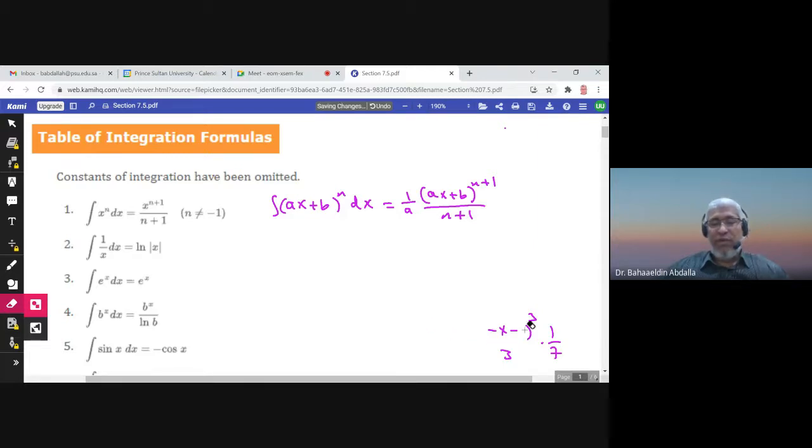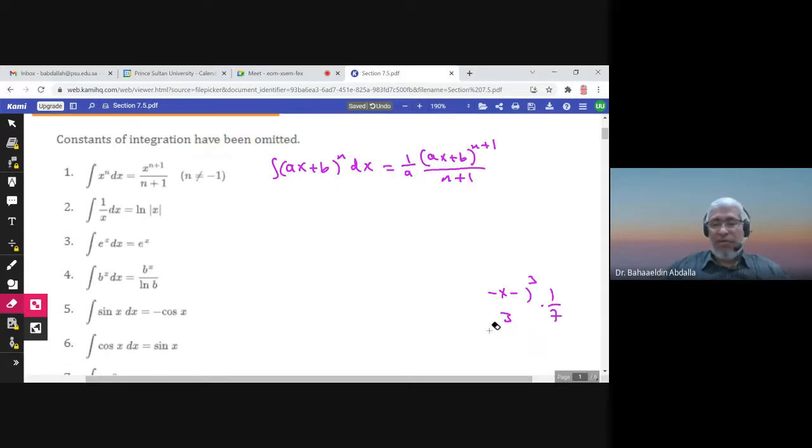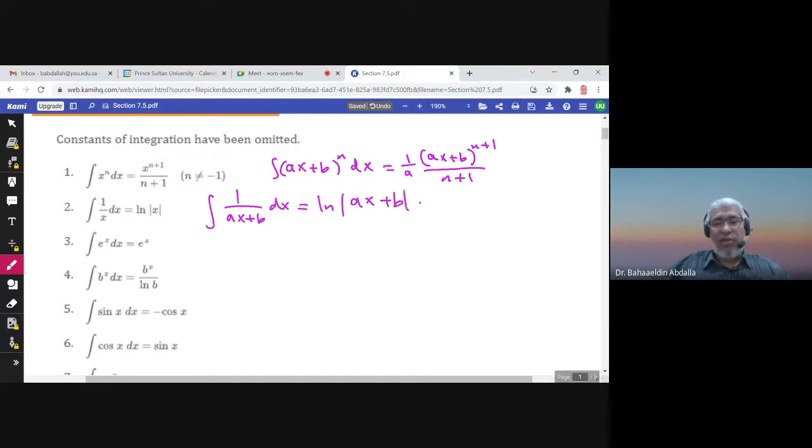So for example, the second formula, integral of 1 over x is ln x, ln absolute value of x. You can also write here a general form of this rule when you have 1 over ax plus b dx, and the answer would be ln absolute value of ax plus b multiplied by 1 over a, or divided by a.